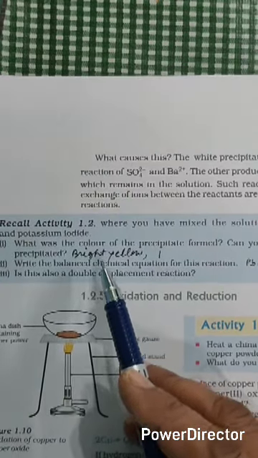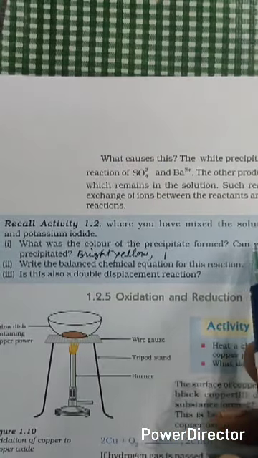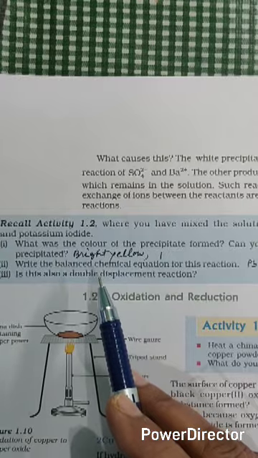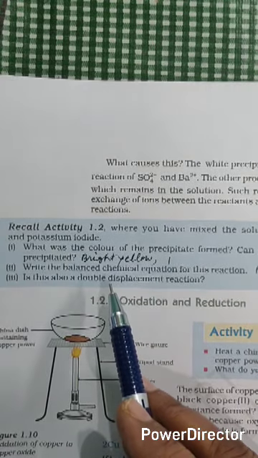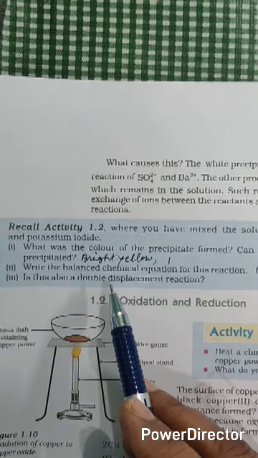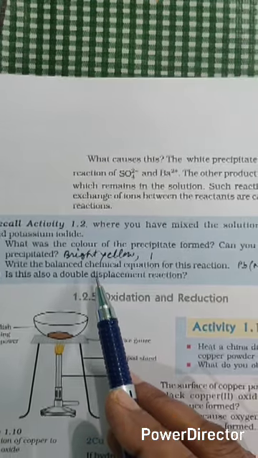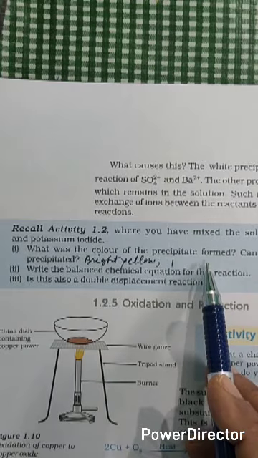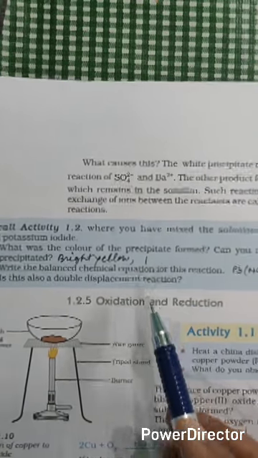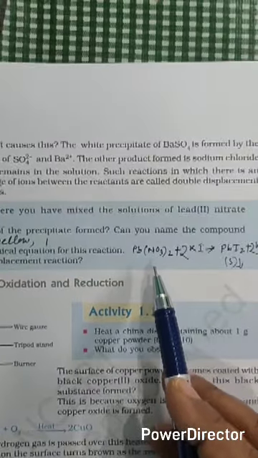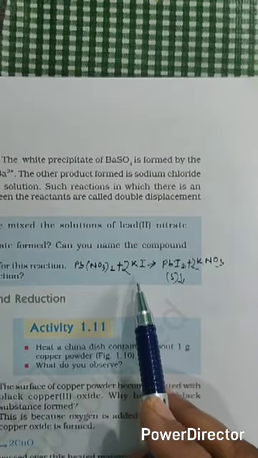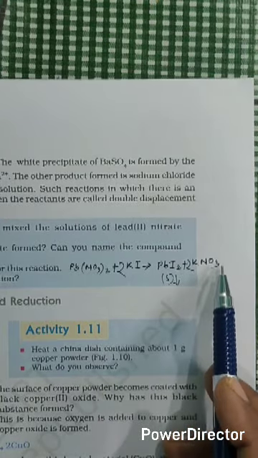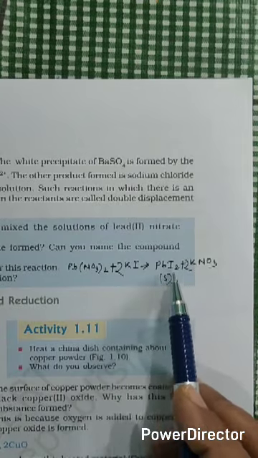So here what you have to take, lead nitrate and potassium iodide, we mix them. Whenever lead nitrate and potassium iodide mix, the reaction happens. So what was the color of the precipitate formed? First of all you have to know the reaction involved. Lead nitrate reacts with potassium iodide forming lead iodide and potassium nitrate.